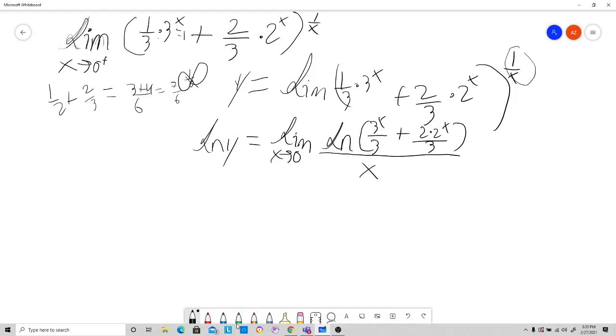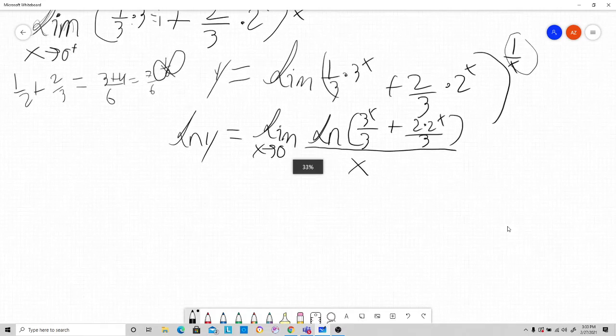Okay, so now this is into L'Hopital's. But let's see if we can maybe solve it. So let's plug in 0. So we're going to have 0 in the denominator, and then if we do 1 over this one, it will be 1/3 plus 2/3, since 2 to the 0 is 1.